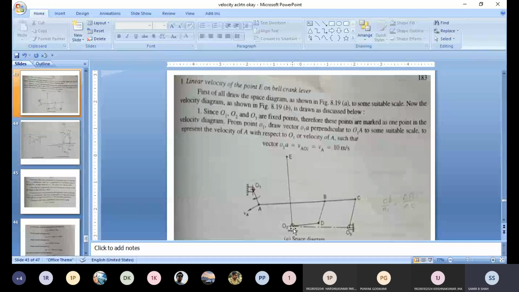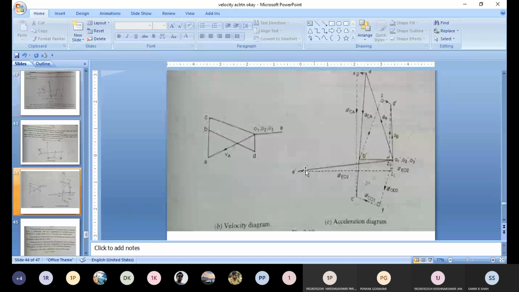Once again, from O2 we draw the perpendicular line for O2D. Due to that, BD and O2D intersect at point D.